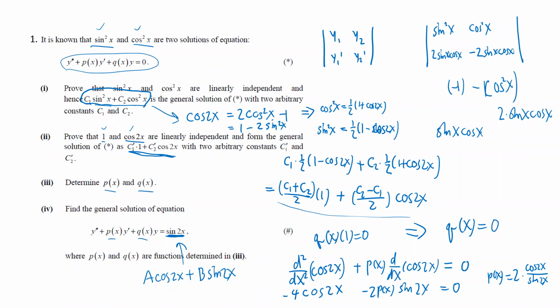But one more time, you need to be careful, because cosine 2x by itself is already a complementary solution, and we want to make sure the particular solution is not linearly dependent on the complementary solution. So when you try the particular solution, again you need to multiply the cosine term by x, and then substitute it back into the equation and find the appropriate values of a and b.